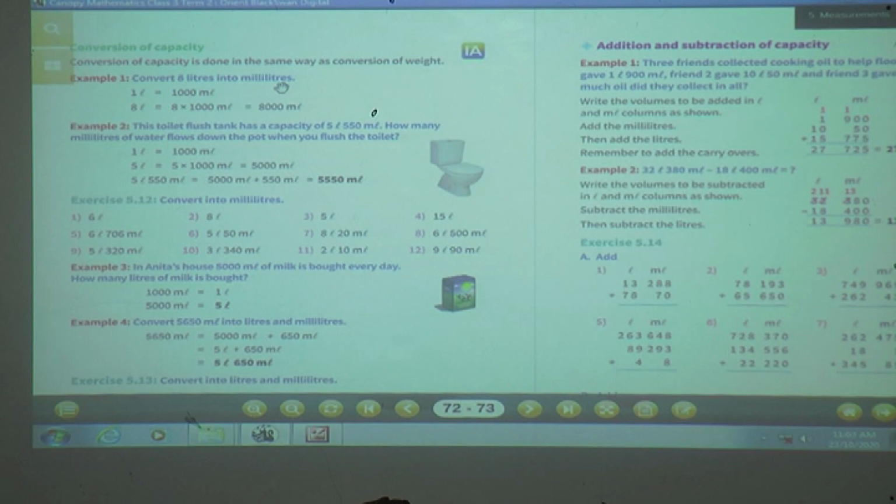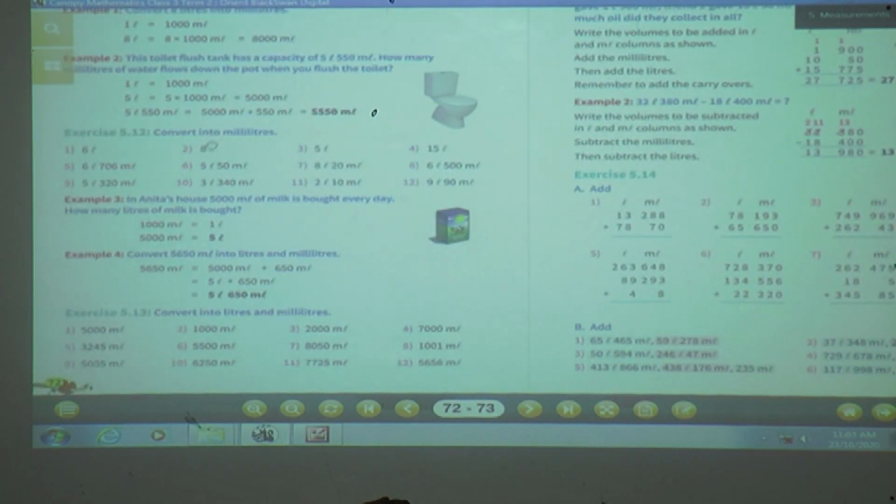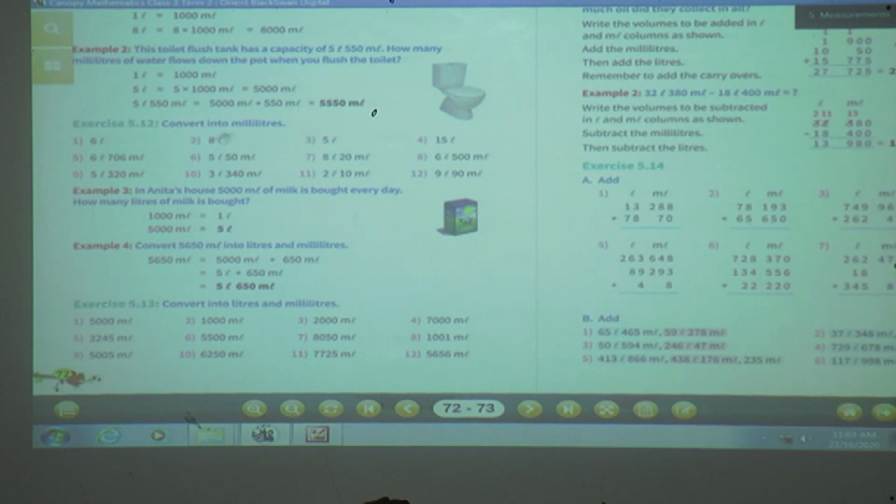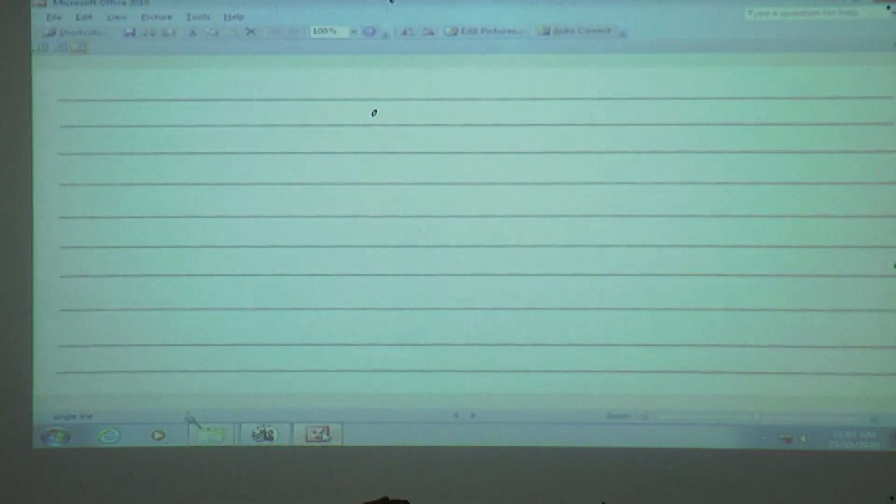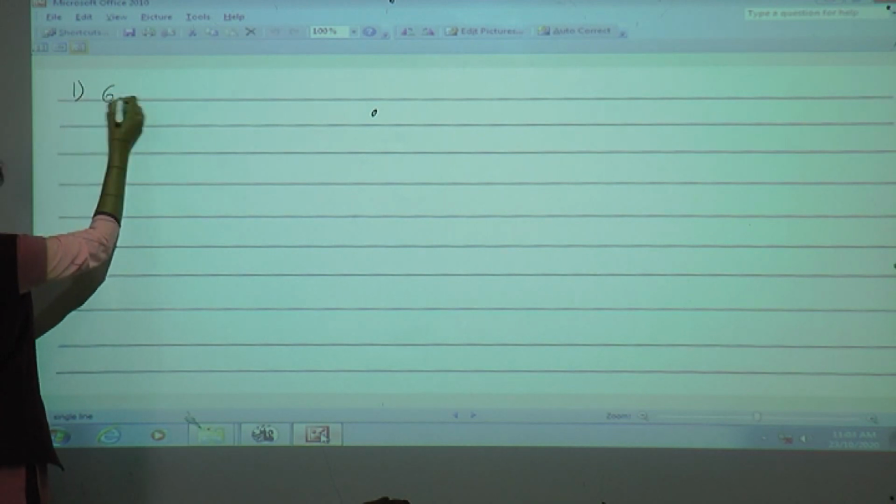Now we'll see exercise 5.12. See the first question. Convert into milliliters. The first example is 6 liters. We have to convert this 6 liters into milliliters. What is the first step?